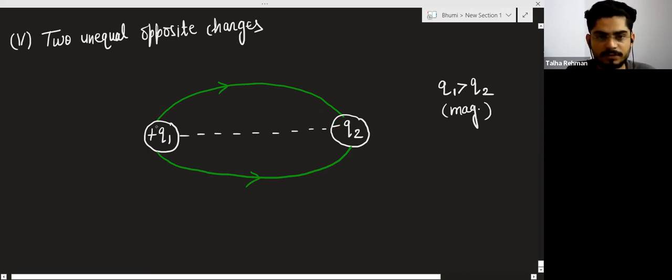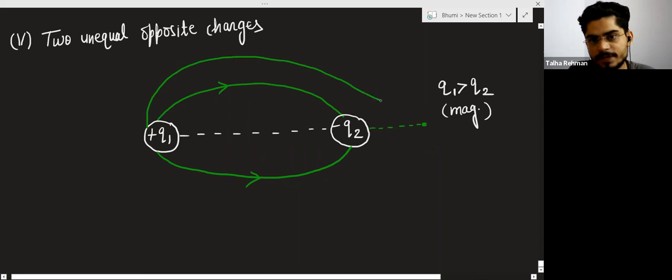But here there will be a neutral point. We have discussed the neutral point in detail. So due to this neutral point, what will happen? The electric field line will emerge from this and it will become like this.